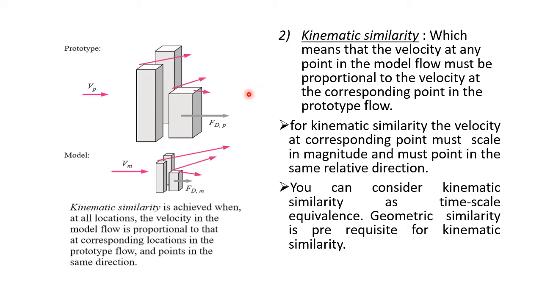So kinematic similarity means the direction of velocity components, in which direction they are pointing. Velocity is a vector quantity. It has both magnitude as well as direction. The velocity on the model should be in the same direction. Its magnitude can vary depending on the multiplication, but the direction should not change.